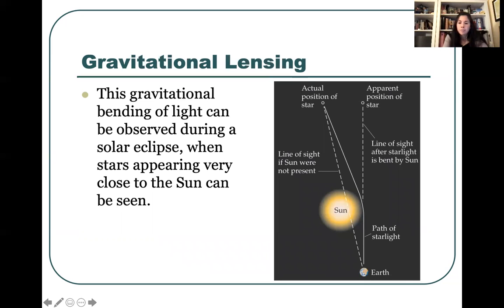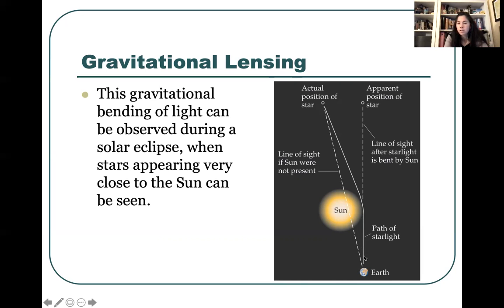So by looking from the Earth at stars that were appearing close to the sun, but visible because the light from the sun was blocked by the moon, you could calculate the actual position of a star that would show up. And you can see that. So this is the actual position of the star. So the light here is being bent by the sun.